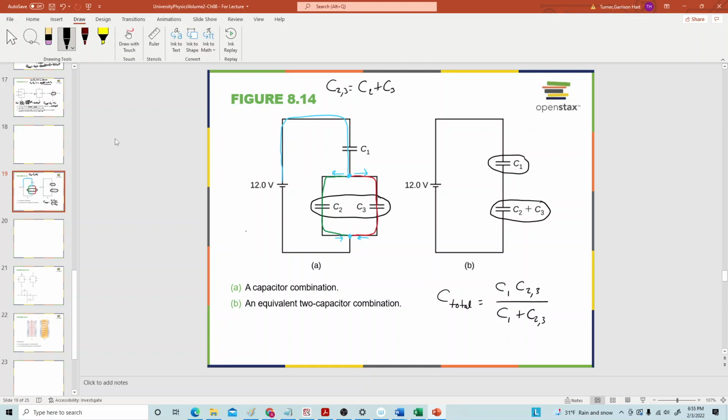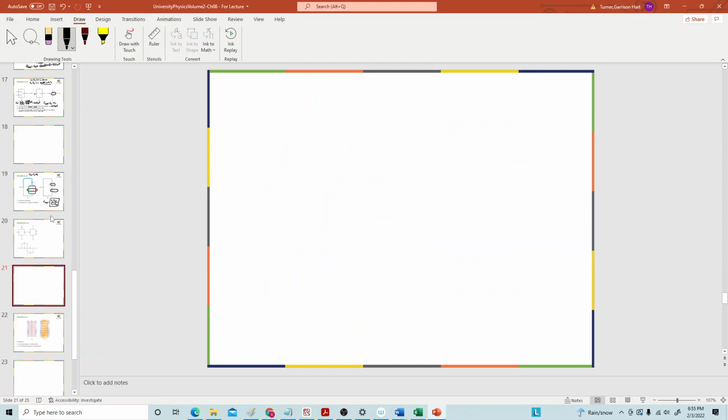So at that point you would have to be given explicit values for what the capacitors are, but you can work out those numbers if you were given the values. A couple more examples, and as a matter of fact, I might move that slide there.